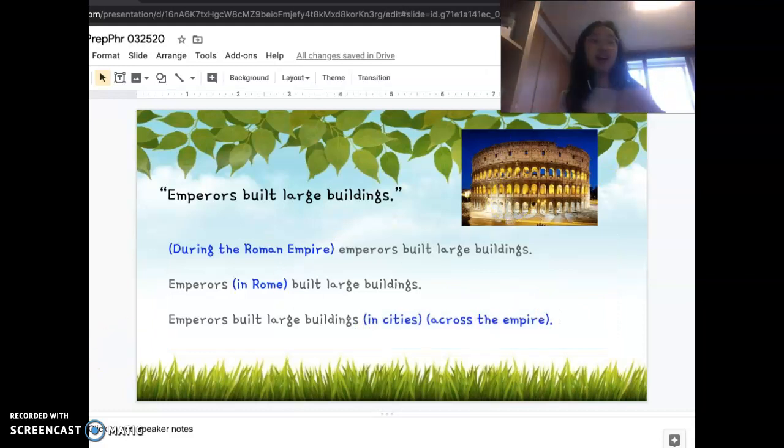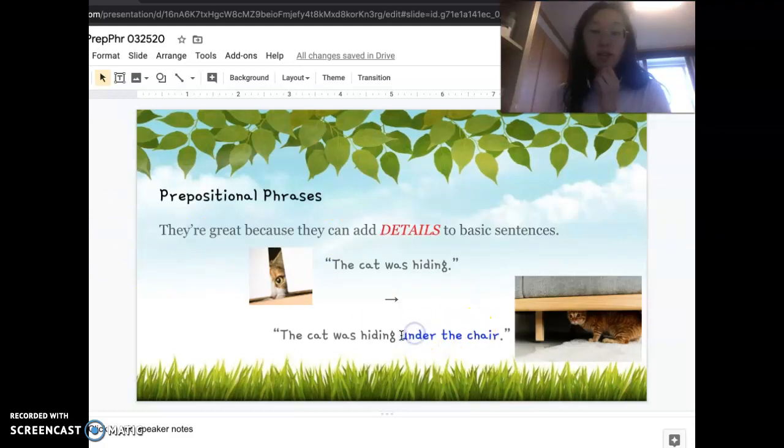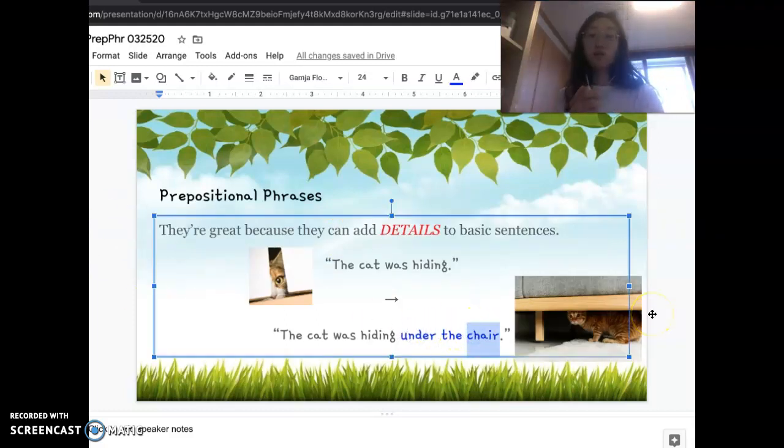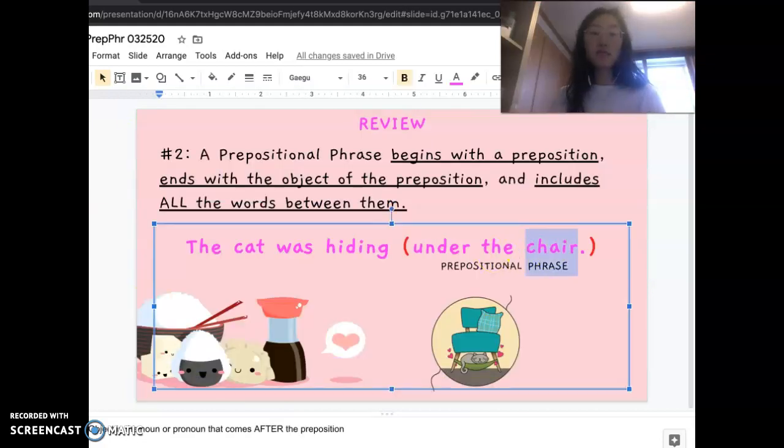Okay. Now we're going to look at the object pronouns. These are the object pronouns. So basically, what we're trying to cover here is that we are going to be replacing the object of a sentence with a pronoun.